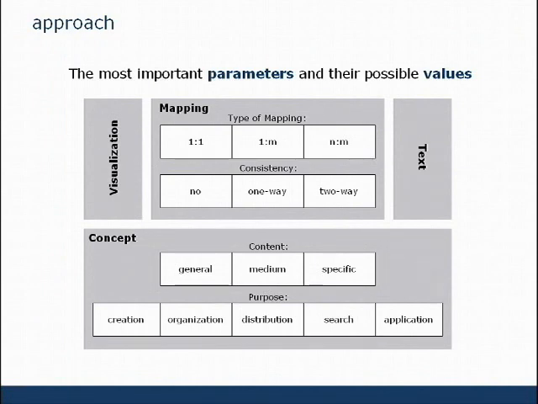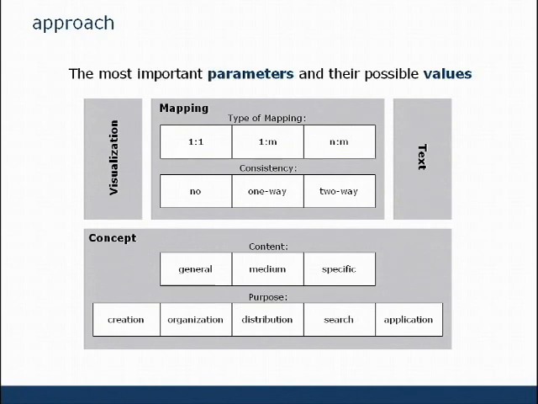But if you take out the ones that are really important, the sorts of things that we're interested in there are the type of mapping, so the cardinality, if you like, on the mapping. Typically, the visualization side is often a one, where you're trying to aggregate up stuff that's in a many situation within a wiki or textual structure. But that can be a one-to-one mapping, it can be a one-to-many mapping, or, as we'll explore later, it could be a many-to-many type mapping as well.